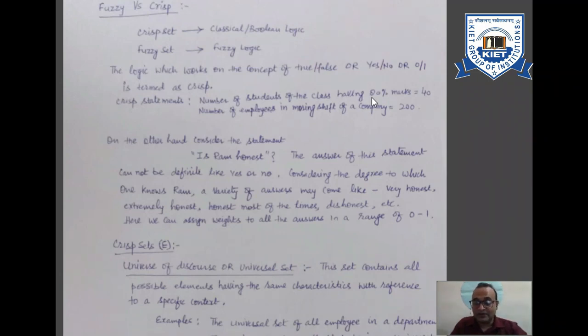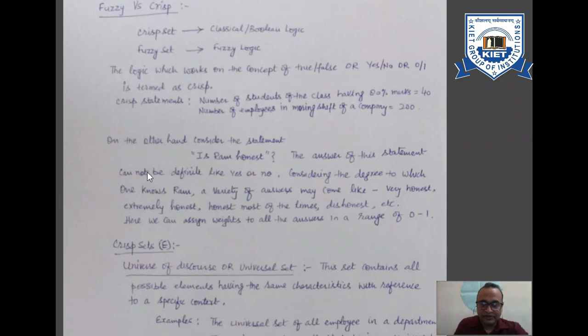Up to some extent Ram may be honest, or he may not be honest. He may be perfectly honest. So here the degree of honesty changes in different perspectives. Here vagueness is there, uncertainty is there. That is why I am saying this statement is a fuzzy statement.